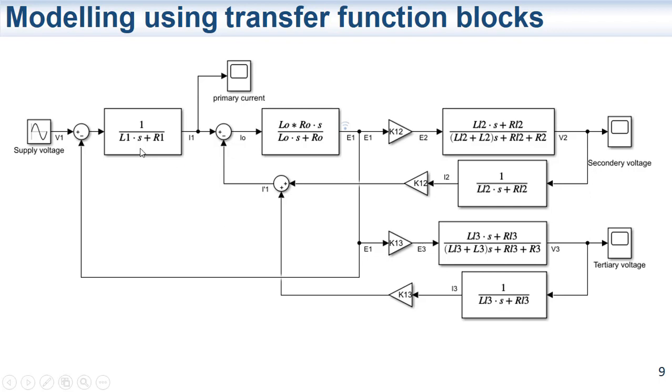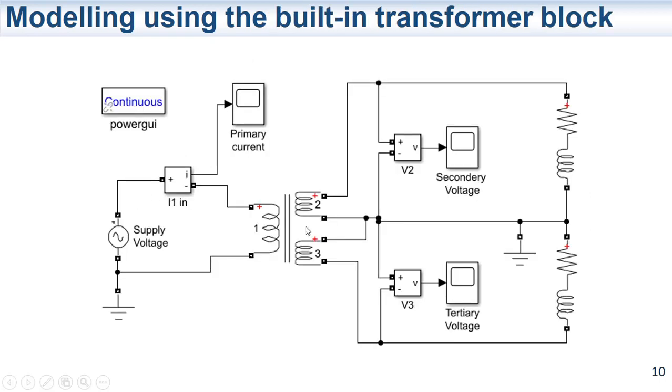The first one is to use transfer function blocks, and those blocks have been defined in the previous couple of slides in the form of equations relating the primary or supply voltage to the secondary and tertiary voltages. The second approach is to use the existing three-winding transformer block. We just need to connect a load to the secondary and tertiary windings, and measure the voltages and currents.